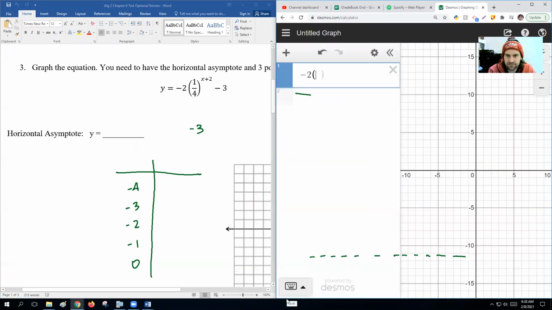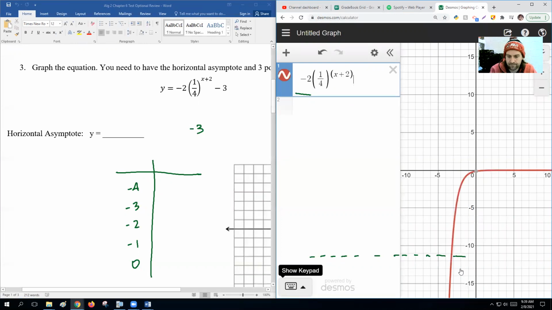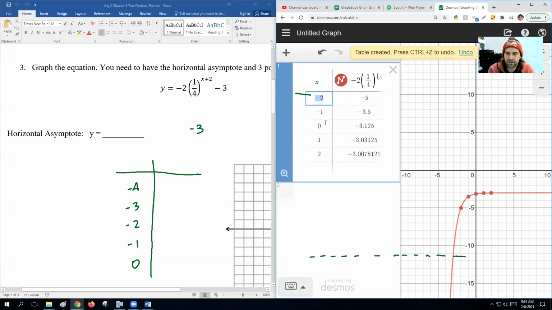We got 1/4, so we're going to have a decay problem, to the x plus 2 power, minus 3. Oh yeah, we got to put that in parentheses on Desmos. And we will convert to a table. All right, so I already got those on here.